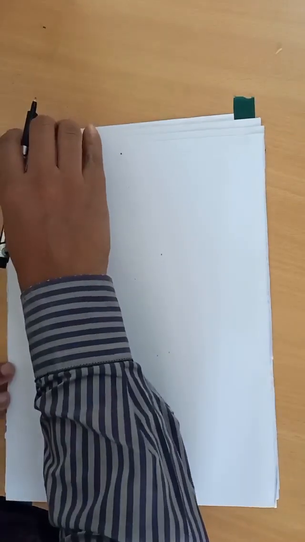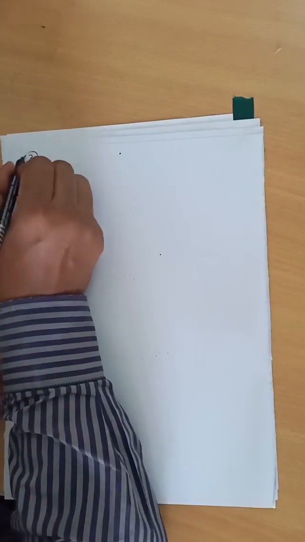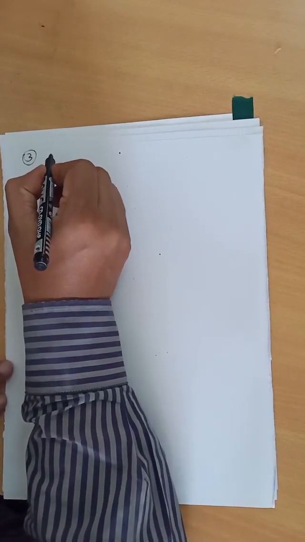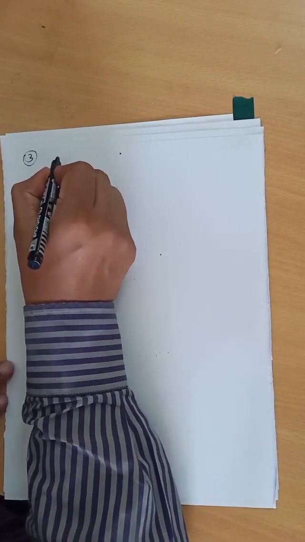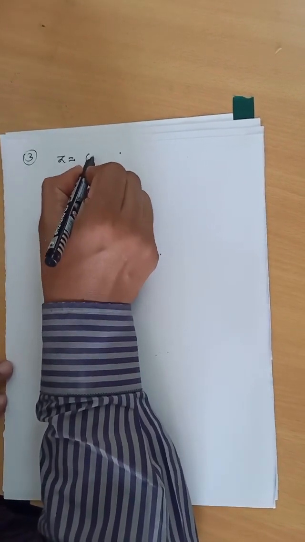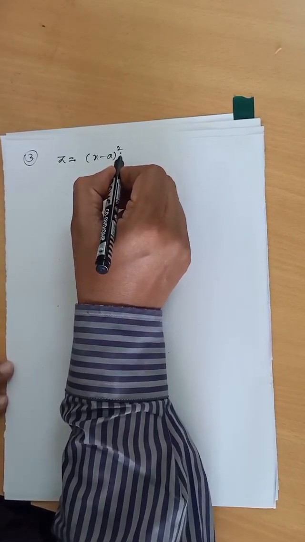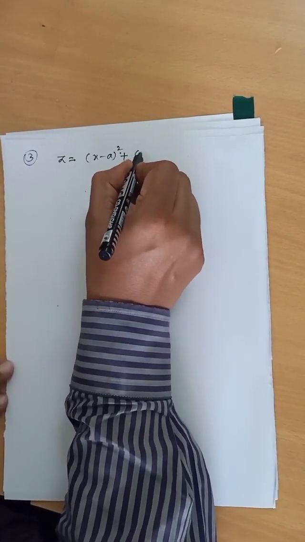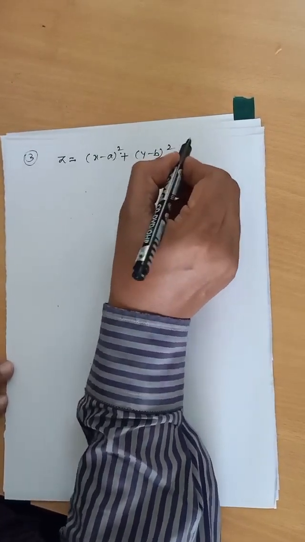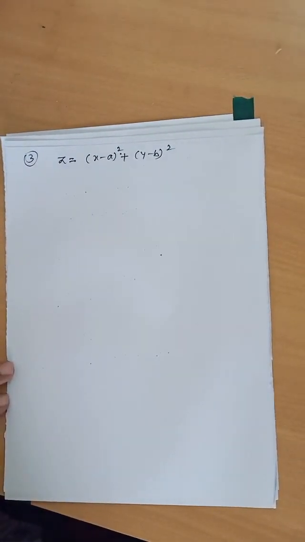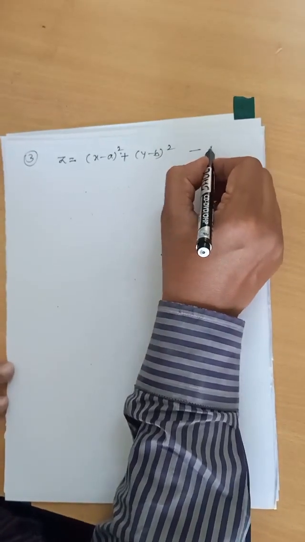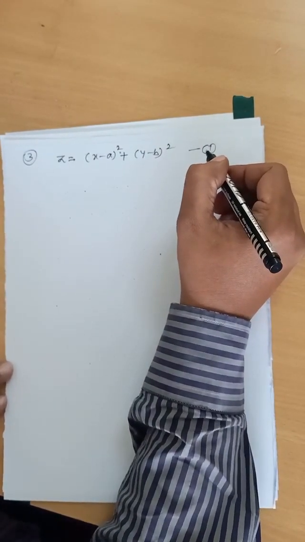Next problem. Formation of PDE by eliminating arbitrary constant. Given equation: z is equal to x minus a whole square plus y minus b whole square. Call this equation number 1.